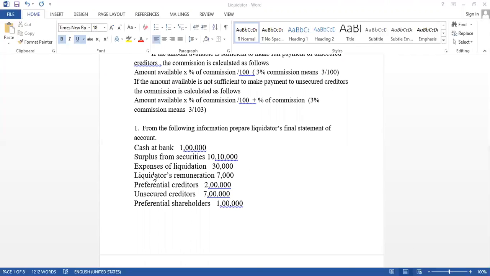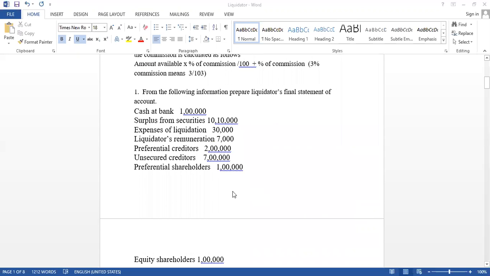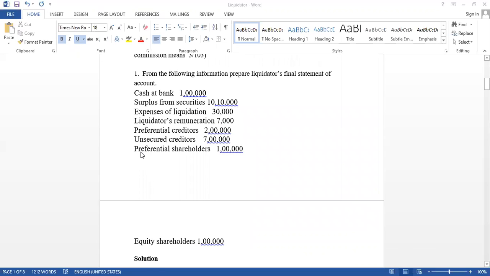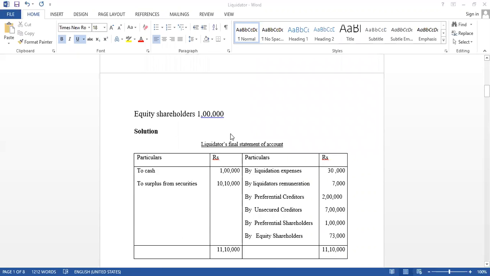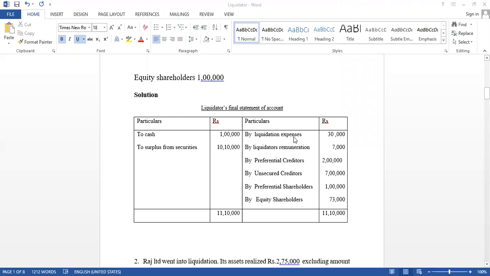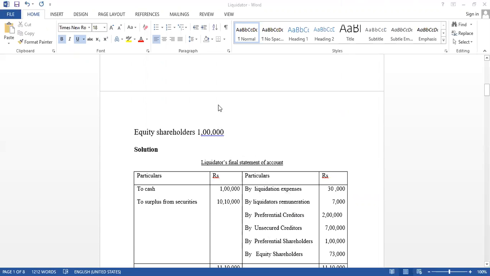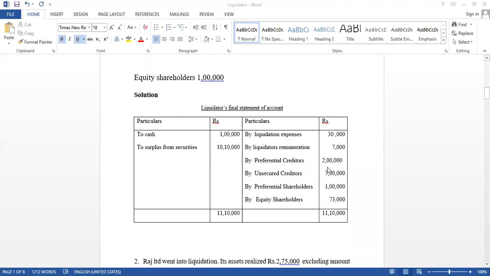So the first one is liquidation expenses, remuneration, preferential creditors, unsecured creditors, preferential shareholders, and equity shareholders. We have to write in this order. Then we have to calculate.